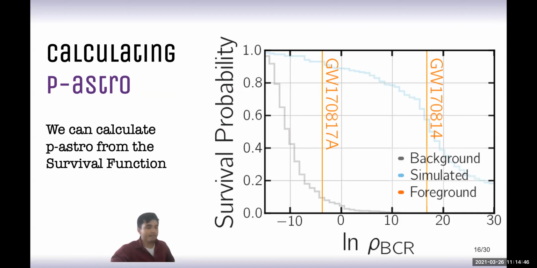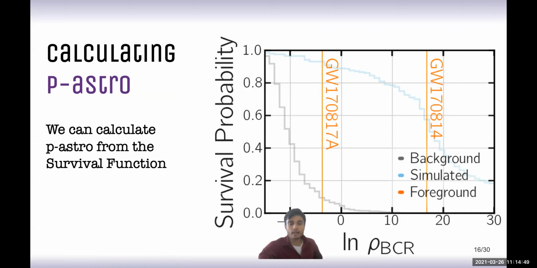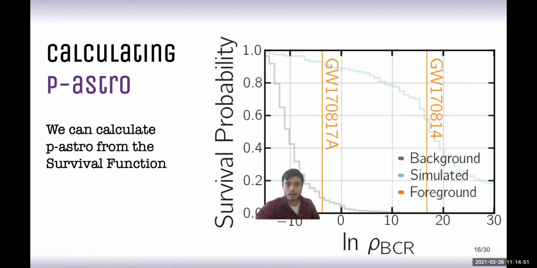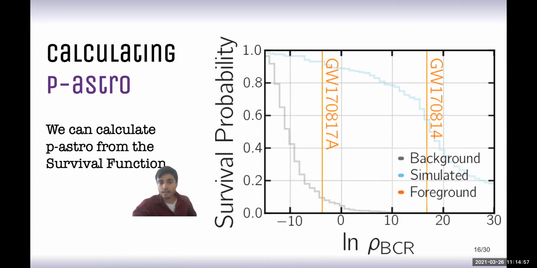So what this plot tells us is, if we take a BCR of -10, right? So we take a BCR of -10 and we go up, we see that at -10, the gray distribution has a survival probability of 0.4. And that means that after a BCR of -10, only 40% of background data survive. So we can use the same concept to then look at these foreground candidates.